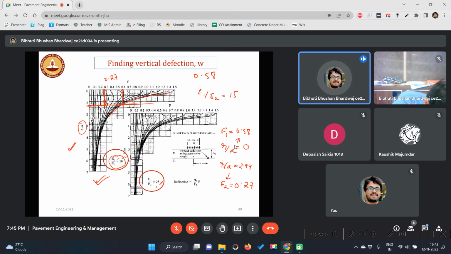For r by a equal to 0 for load 1, I found out F is 0.58. For the second load, r by a is how much? 3. So for this, I found out it's coming around 0.27. Understood, sir.